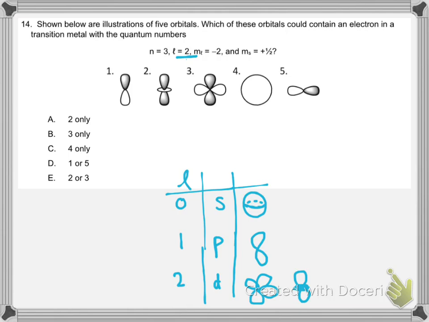If L equals 2, we have a D orbital, which can either take the clover form or the donut around a dumbbell form. And so, since L is equal to 2, we want to look for the orbitals that match this. And that is going to be 2 and 3. Making the correct answer here E.